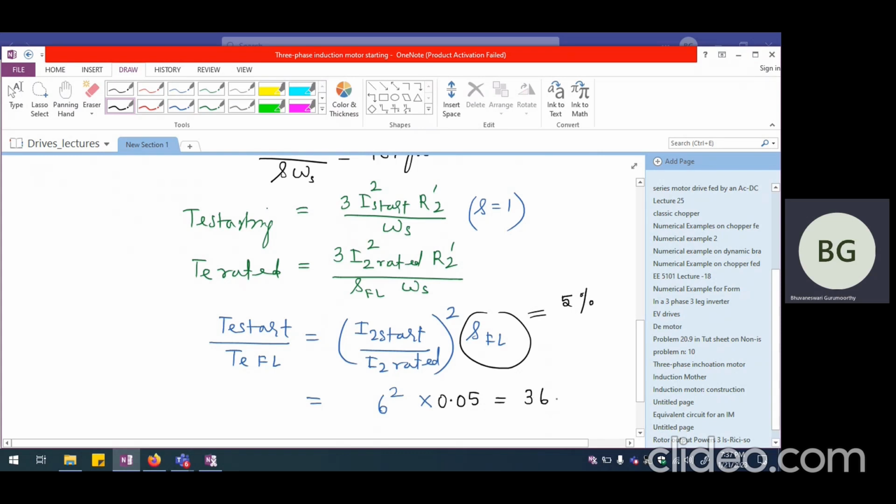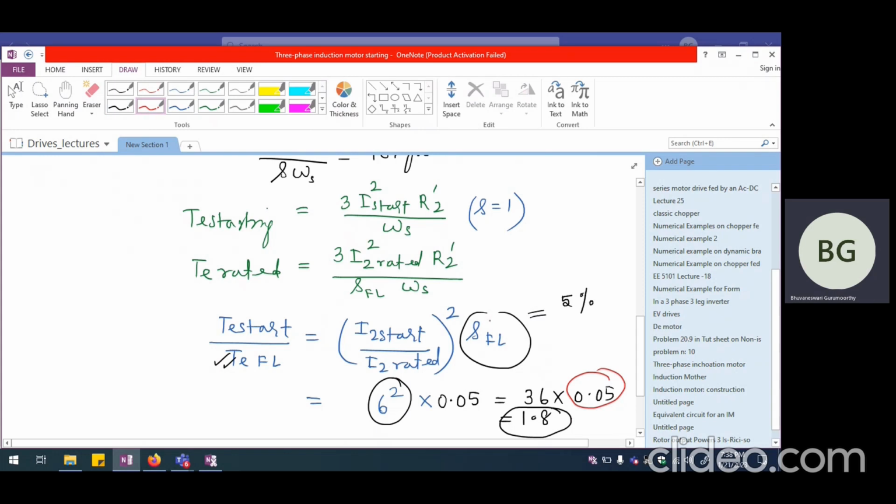So this is 36 multiplied by 0.05, which comes to about 1.8. Look at this. The current is as high as 6 times, whereas the torque is only about 1.8 times the full load torque during starting of an induction motor whose full load slip is as high as 0.05.